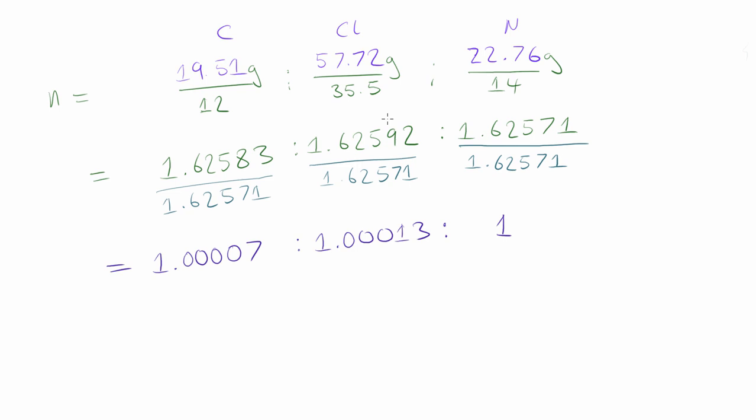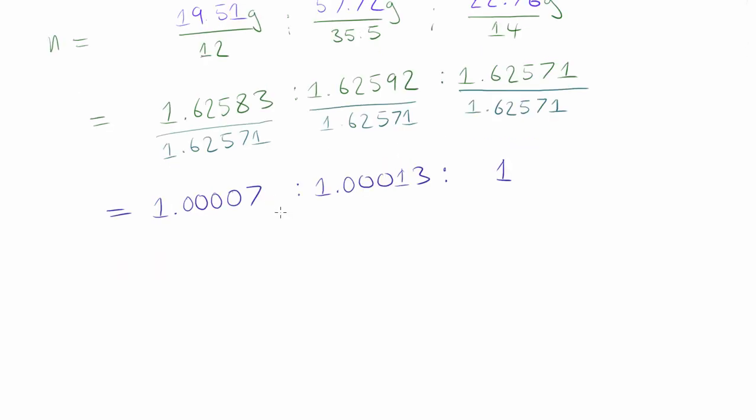But what you're looking for is for the numbers to be really close to an integer, especially in a case like this where, even to 3 decimal places, they round to an integer. You can safely assume and effectively round them to that integer. So in this particular case, because they're so close to 1, we can reasonably assert 1 as being the simplest whole number ratio.